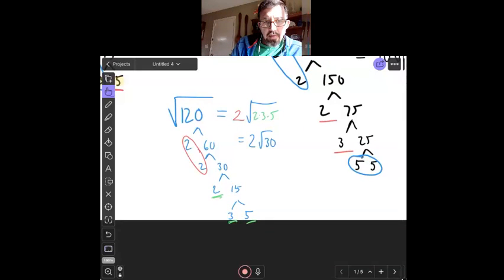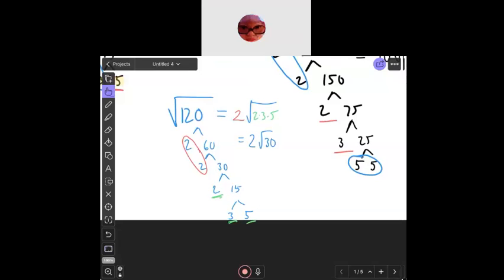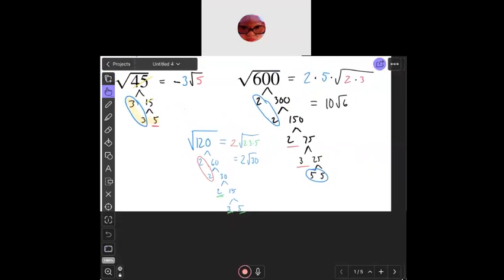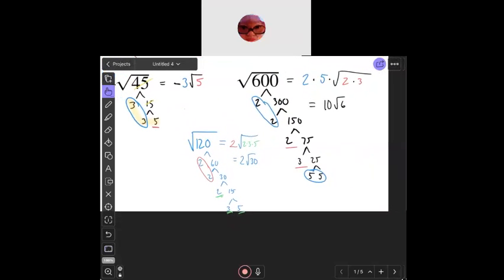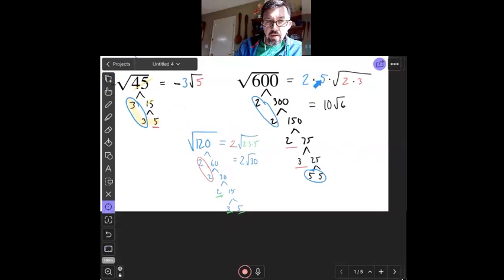You had the 30, right? You had 4 square root of 30? Yeah, I got the 4 because I thought we were supposed to multiply the outside. So remember, each group gives us 1. 1 group of 2s comes out. 1 group of 5s comes out.